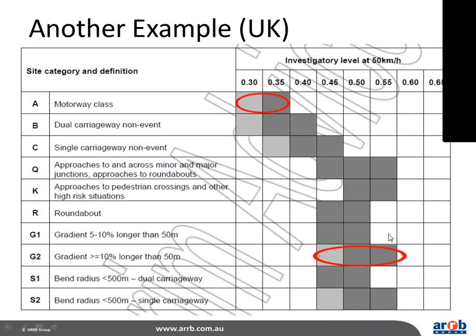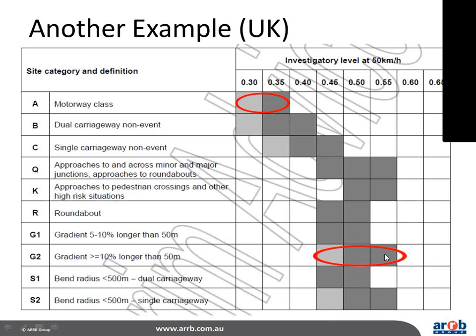The other thing that I wish to point out as well is that you might have a range on some of your site categories. So for example here on G2, which is a gradient, there are 2 default investigatory levels there. So you have to make a decision on whether to apply 0.5 or 0.55. And the local strategy may well provide you with some written rules on that, or you need to just work it out from the crash rate.